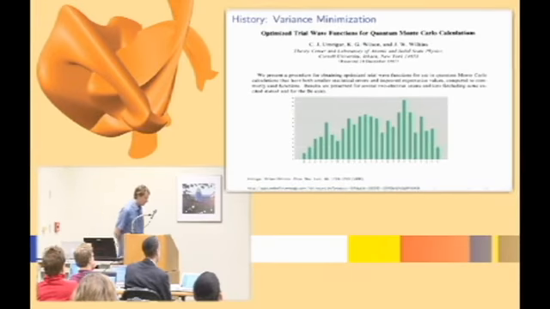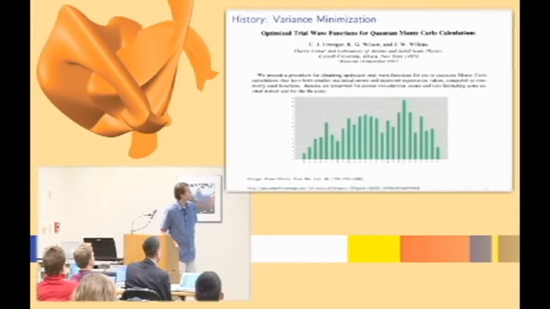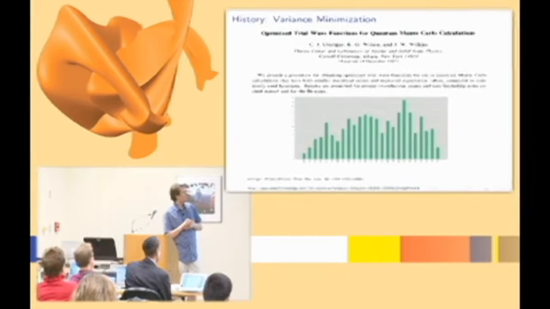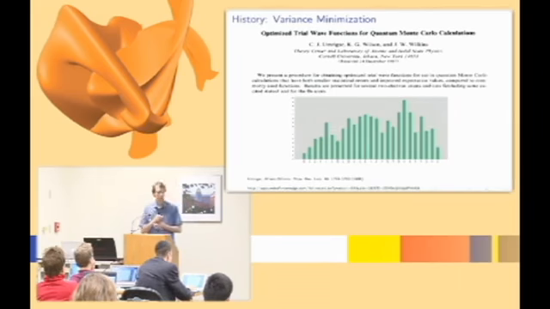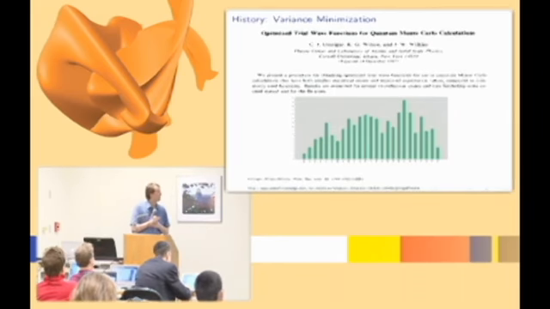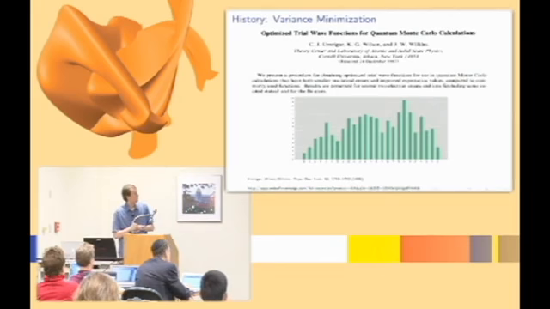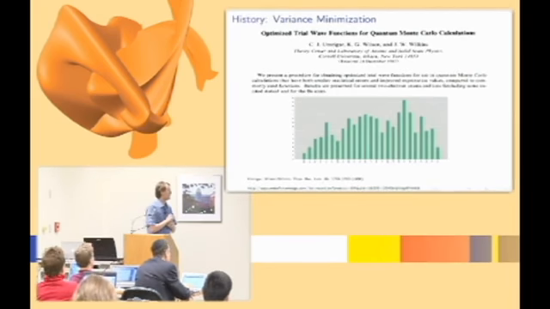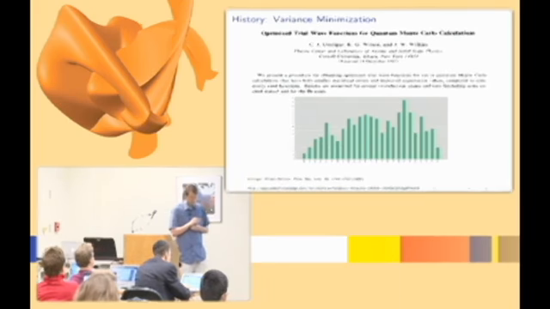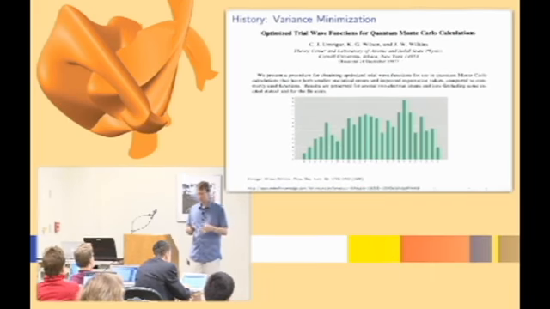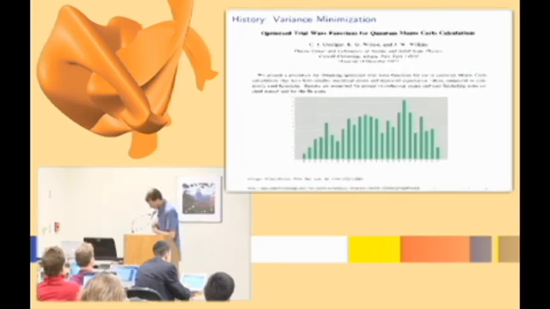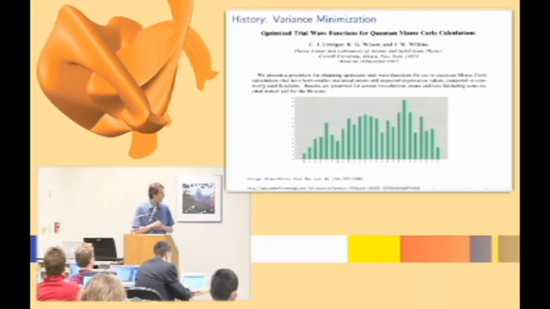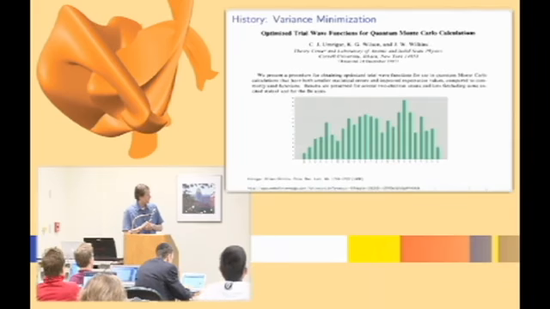So in 1988, Cyrus Umrigar, Ken Wilson, and John Wilkins at Cornell wrote a paper about optimizing trial wave functions for quantum Monte Carlo calculations. The way that they did this was using a variance minimization procedure. When it came out in '88, it was state of the art.